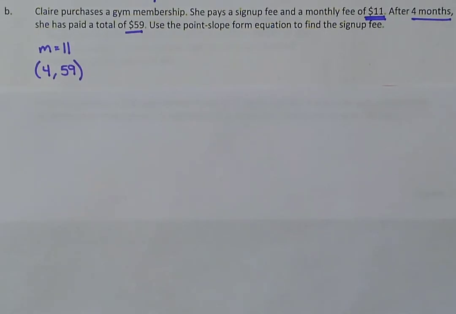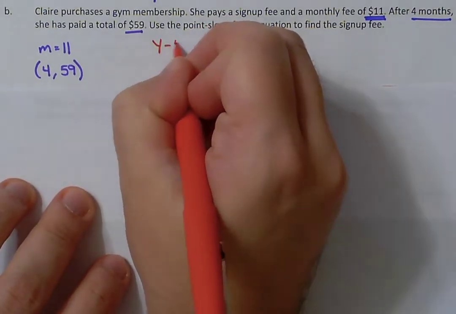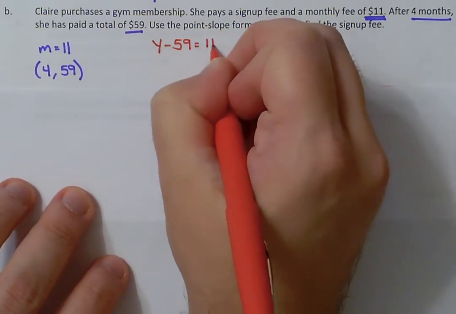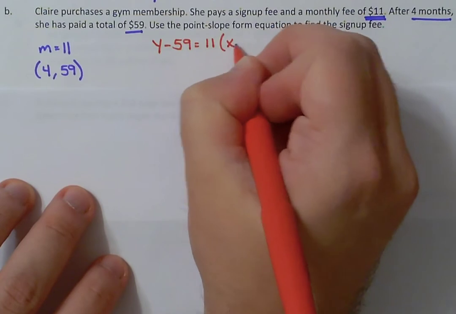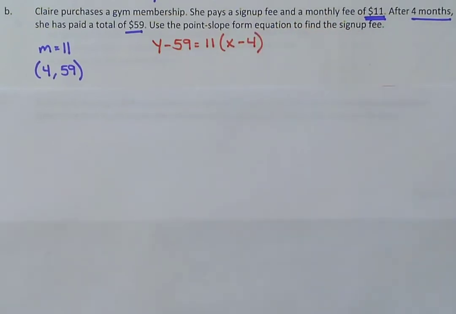So I now have my slope. I have my x1, y1, so we're going to write our equation. Remember, it's y minus y1, so y minus 59 equals m, which is 11, times x minus x1, which in this case is 4. Now, the problem asks us to figure out what the startup fee is.